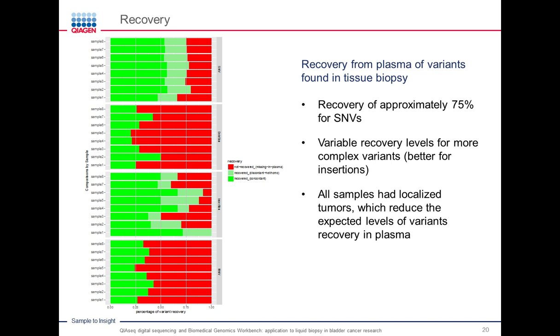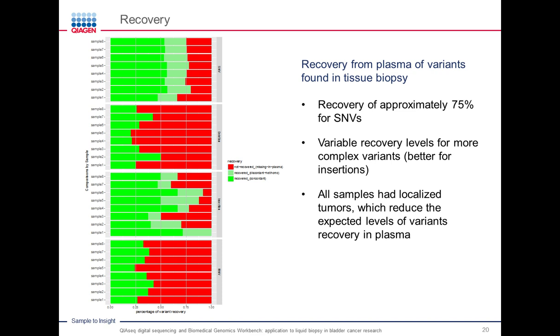You can see from the picture on the left-hand side of this slide that the recovery of single nucleotide variants is approximately 75% on all samples. This is a very good result if you consider that the tumor I mentioned was localized, which reduces the expected levels of variant recovery in the plasma.